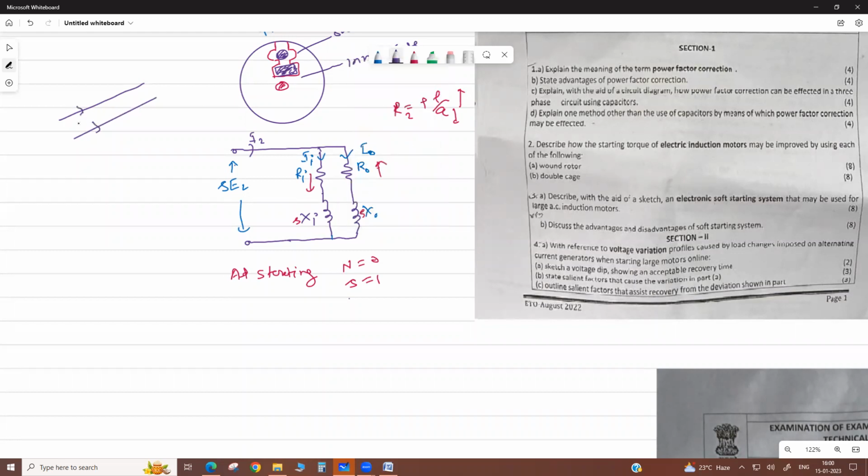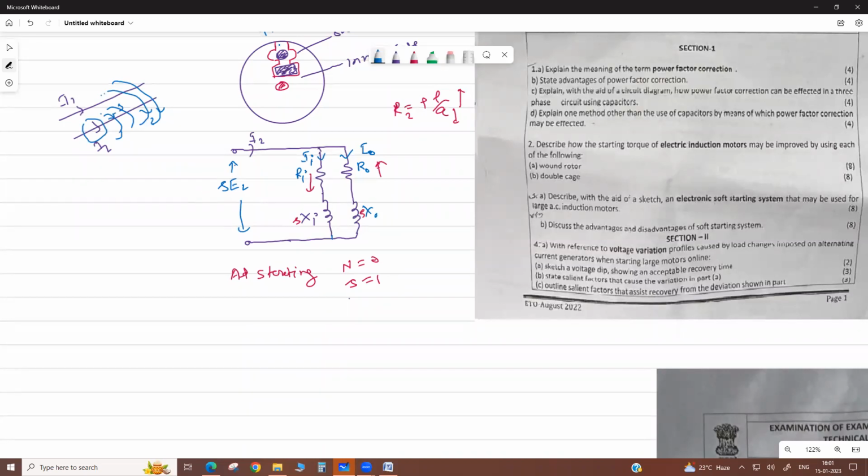Current here is I1, this is I2. The magnetic flux due to this conductor encircles this only. But the outer conductor current encircles this complete. Which has more flux linking, the outer or inner cage?